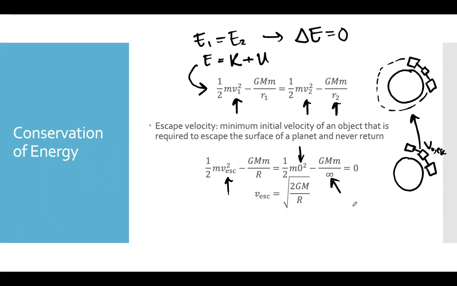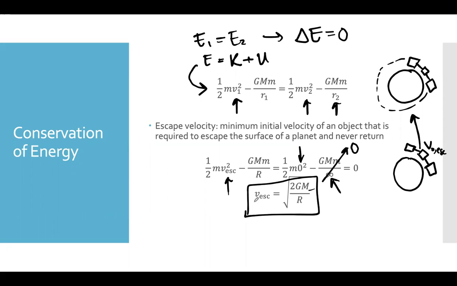Now, what is 1 over infinity? 1 over infinity is 0. Okay, so now we have this equation of 1/2 mv squared minus GMm over r equals 0. And we can solve for our escape velocity as so. So our escape velocity is now the square root of 2GM over r.